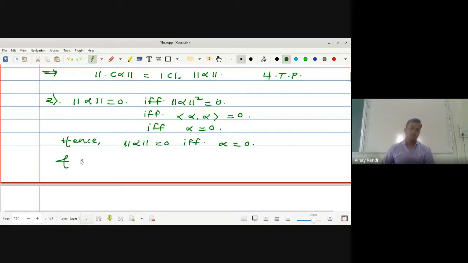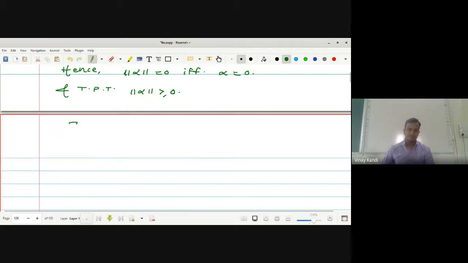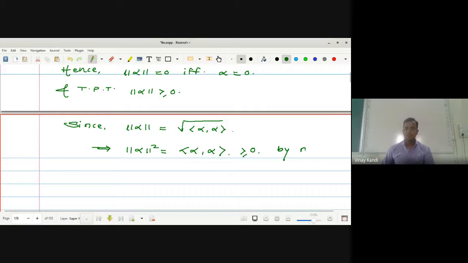And to prove that norm of alpha is non-negative: since norm of alpha is equal to the square root of the inner product of alpha with alpha, this implies norm of alpha squared is equal to the inner product of alpha with alpha. And this is greater than or equal to 0 by the non-negative property of inner product.